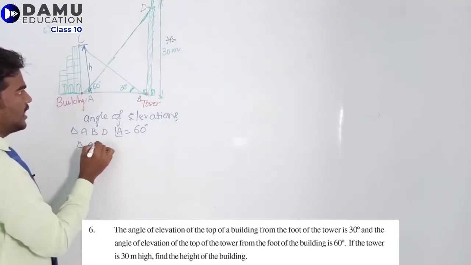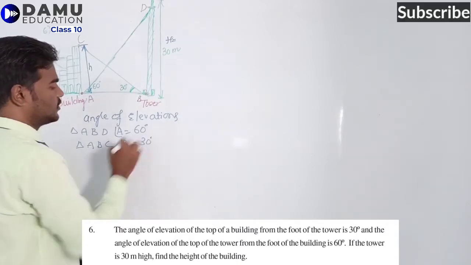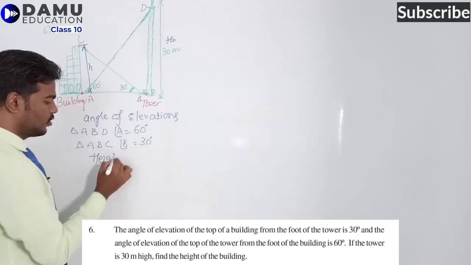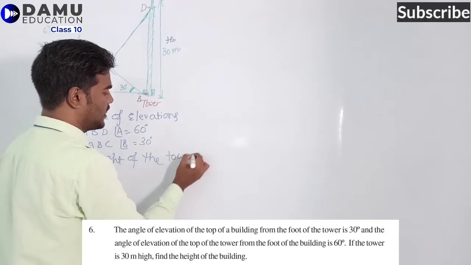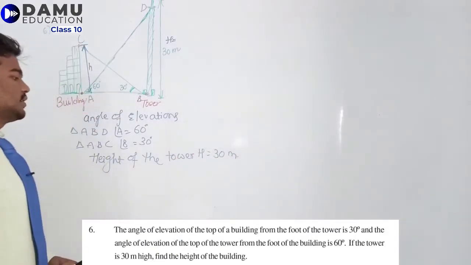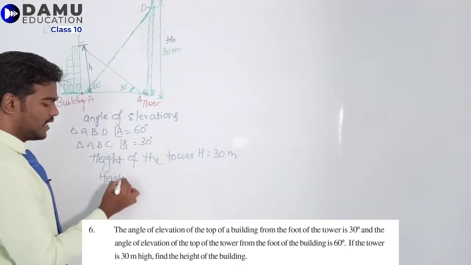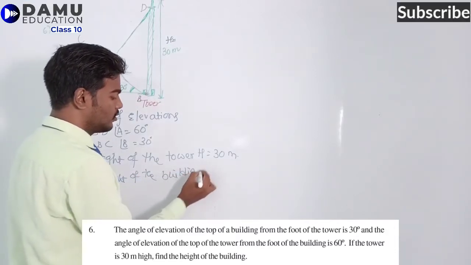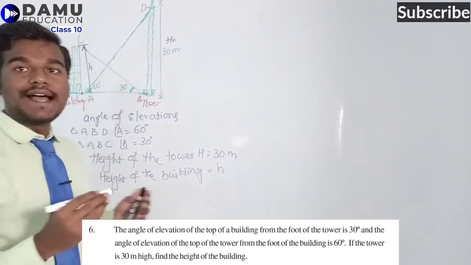In triangle ABC, angle B is equal to 30 degrees. So these are the angles of elevation. Then the height of the tower, capital H, is equal to 30 meters. And the height of the building, small h, is what we have to find.